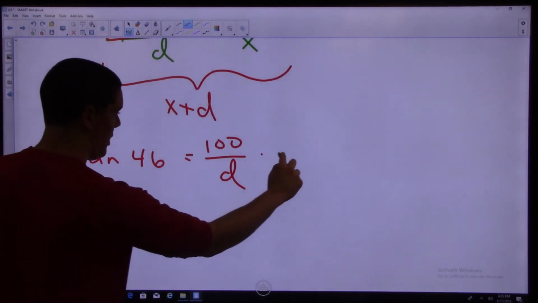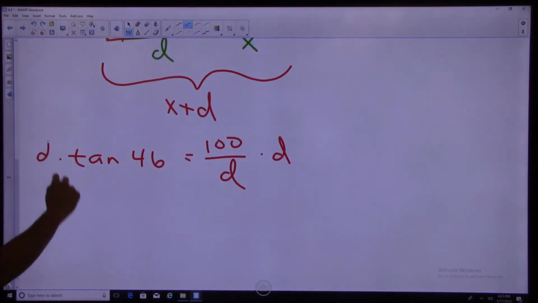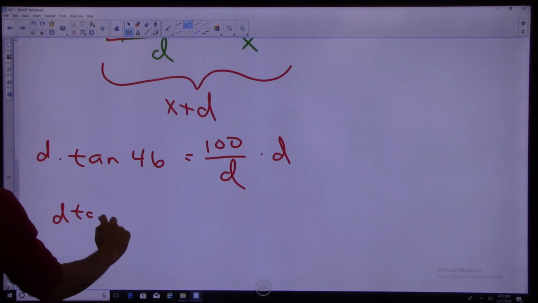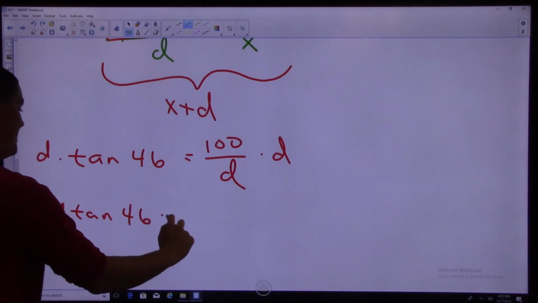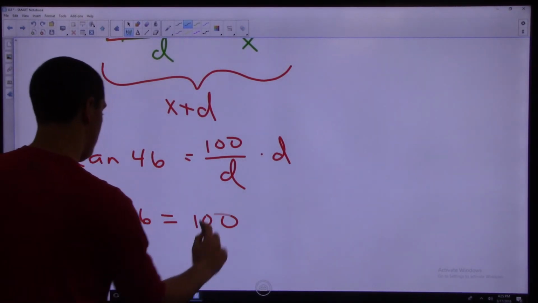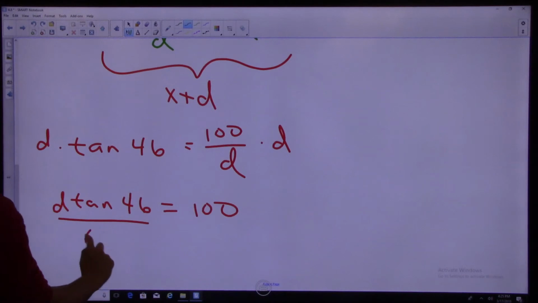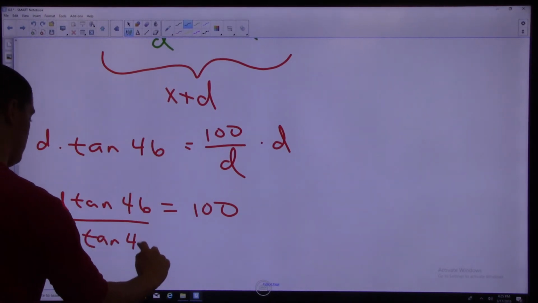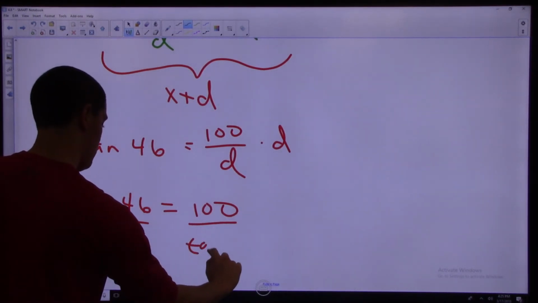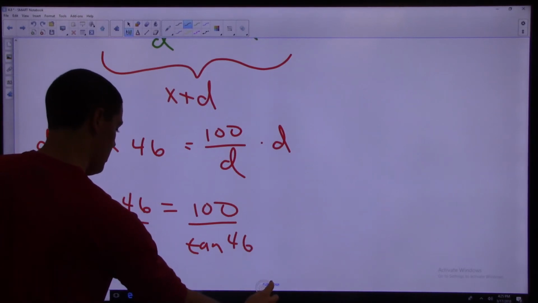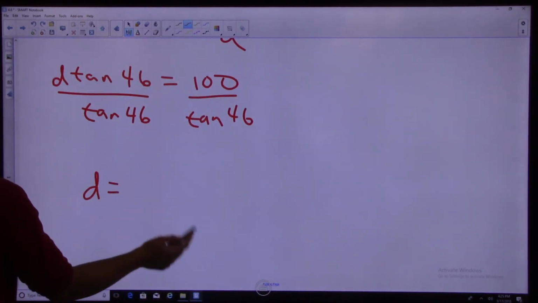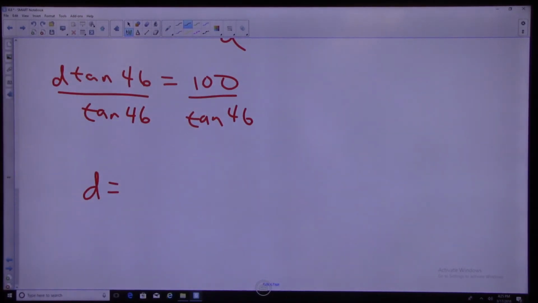Alright, so here we go. So what I'm going to do, multiply both sides by d. So we got d times the tangent of 46, and that's equal to 100. Okay, and then in order to get d by itself, we have to divide by tangent of 46. So d is going to equal, give me a second, let me type that in.